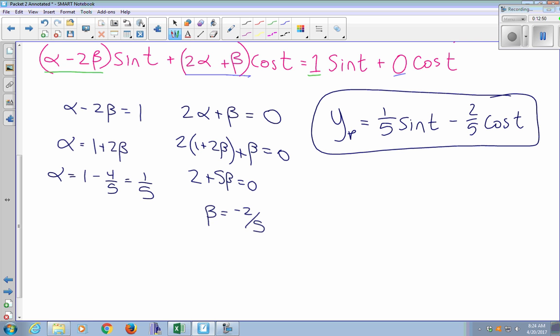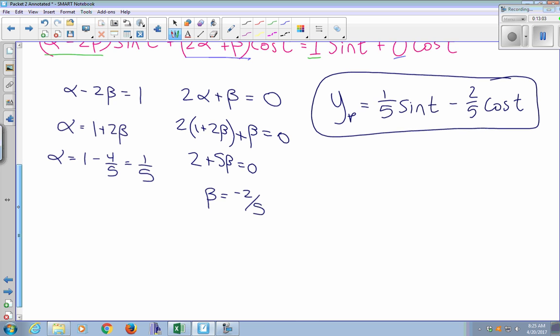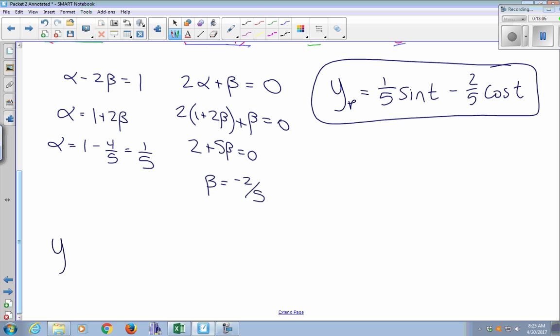Still not done solving the problem yet. I'm mostly done, right? All I have to do now is add my y homogeneous and my y particular, and you have the final general solution. So y general, actually let's write down y homogeneous plus y particular, just to remind you.